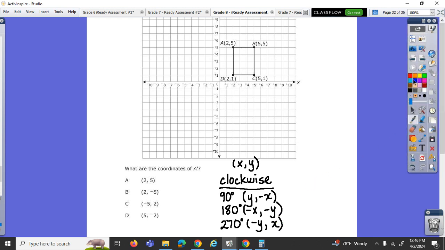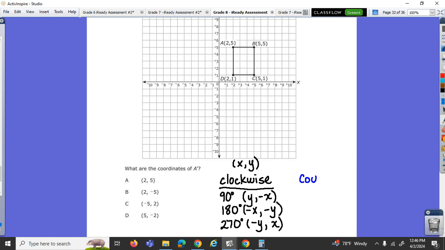Counterclockwise, which is what they want for this one, is basically those same things, but in reverse. In other words, 90-degree clockwise is the same as 270 degrees counterclockwise. This is the same as 180, right?